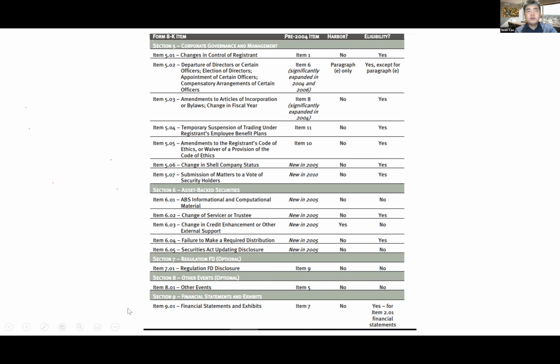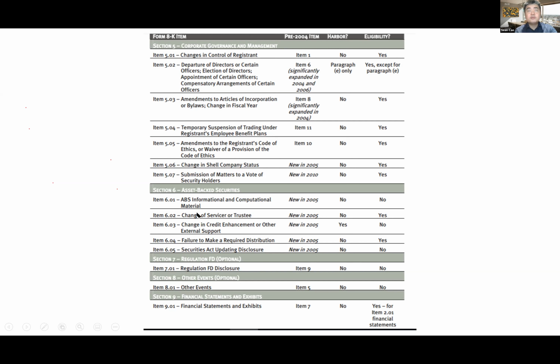Item 7.01 and item 8.01 are press releases. The press release was in item 9 before the regulatory change. After the regulatory change it is item 7.01, but before the regulatory change, it was item 9. So that's the rough classification.